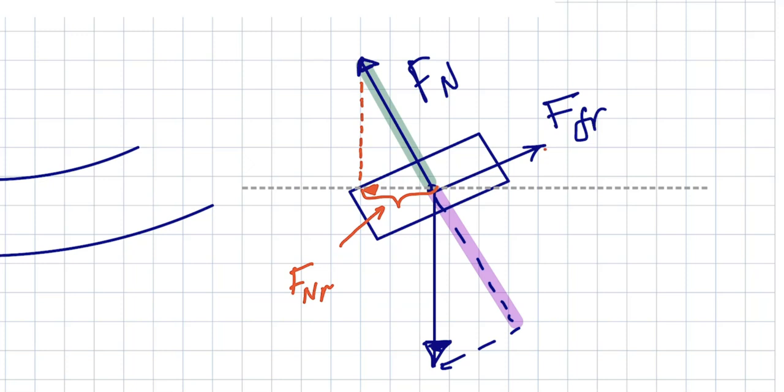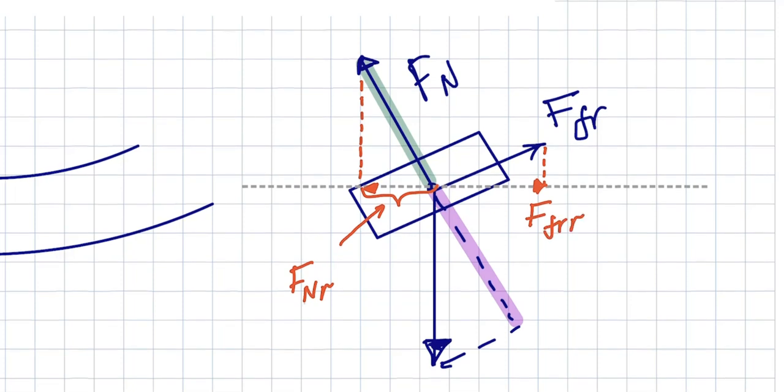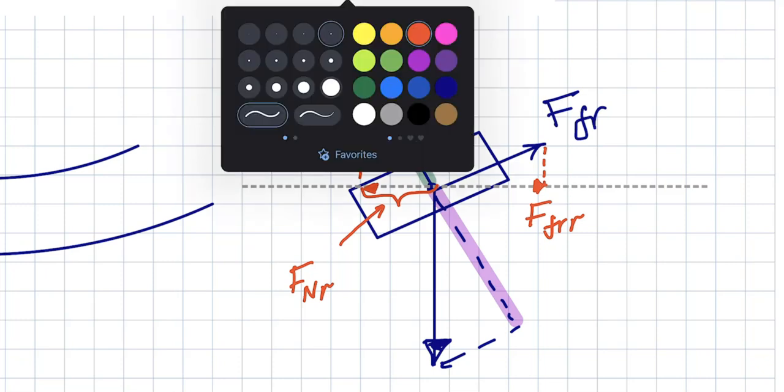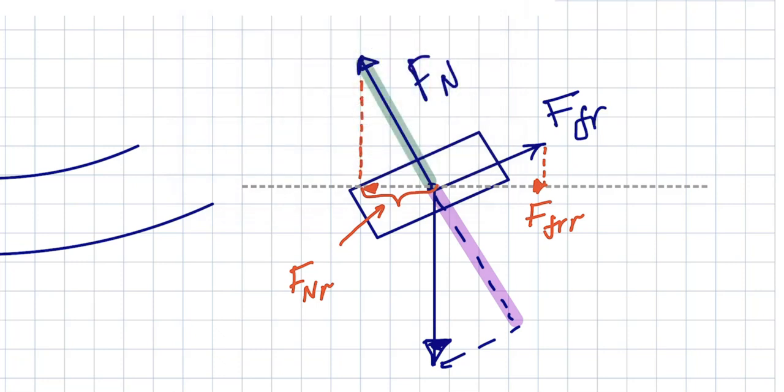And then this part right here is force of friction radial. That one is pointing to the right. So ultimately, what you have here is centripetal force is force of friction radial minus force of normal radial.